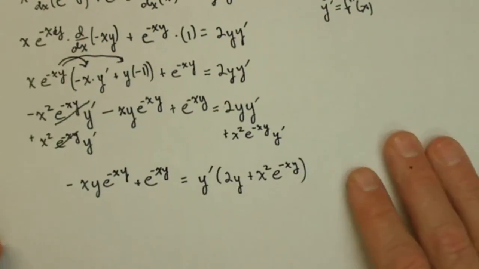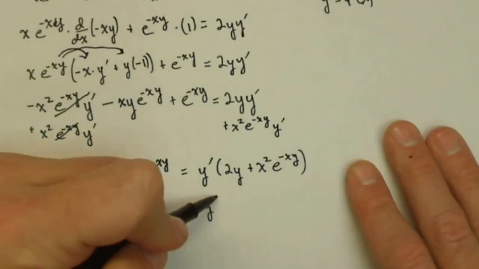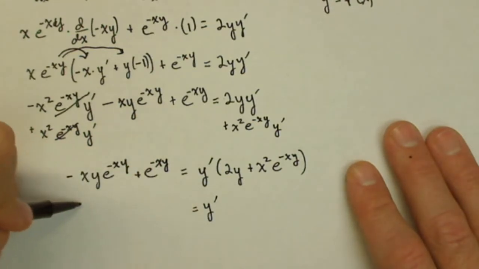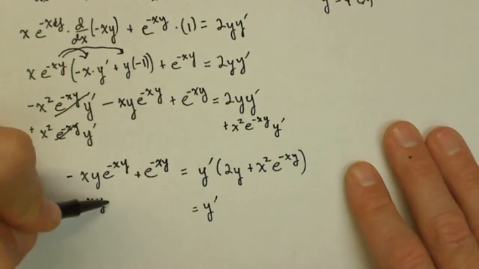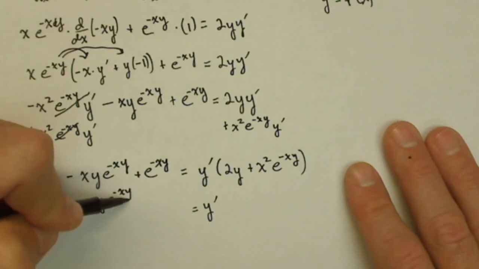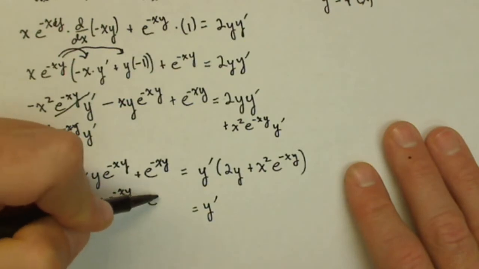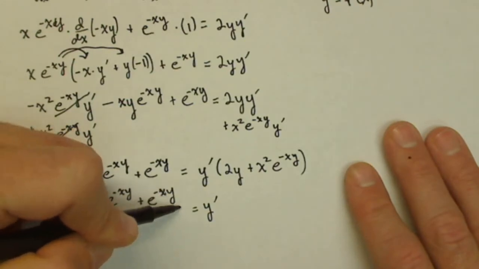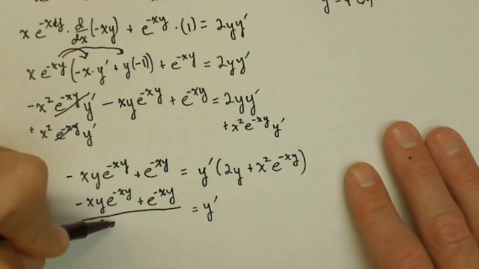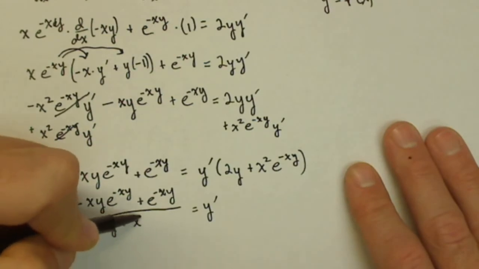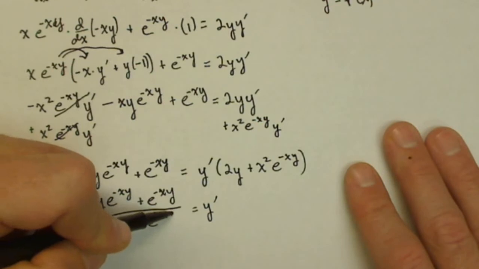So now we can solve explicitly for y prime, which is negative xy e to the negative xy plus e to the negative xy over 2y plus x squared e to the negative xy.